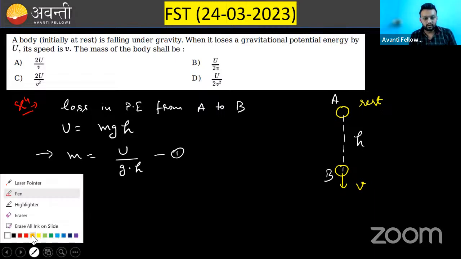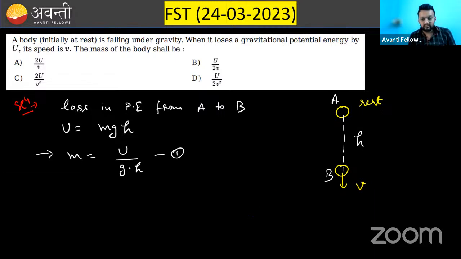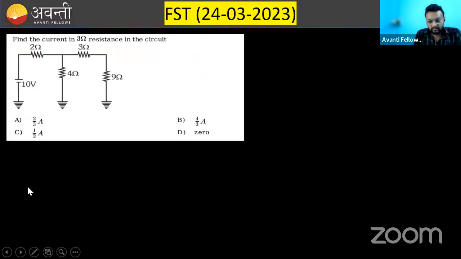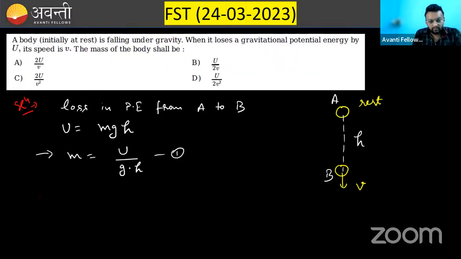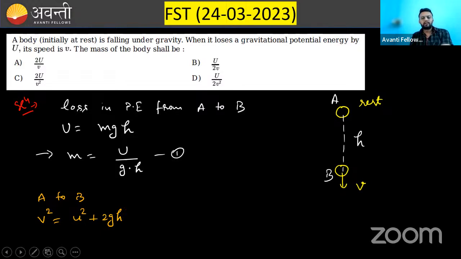Now, consider the motion from A to B, the ball is falling under gravity. So for motion from A to B, you can write v square is equal to u square plus 2gh. Which equation is it? This is the third kinematic equation. u is the initial velocity.